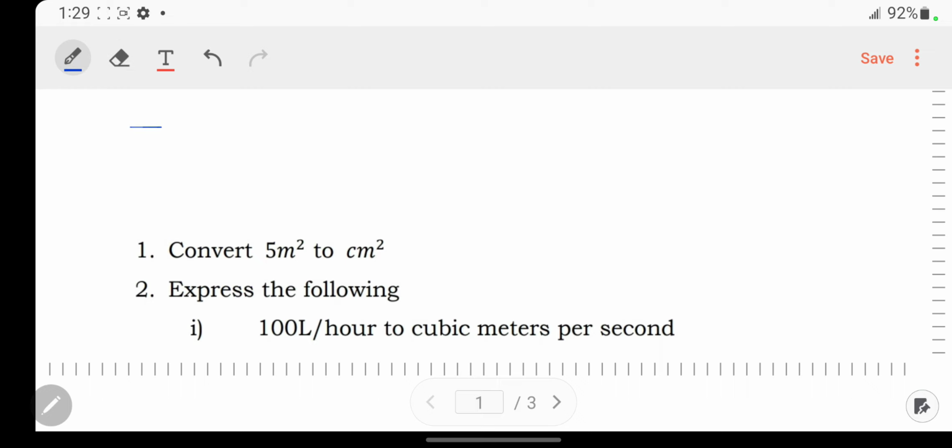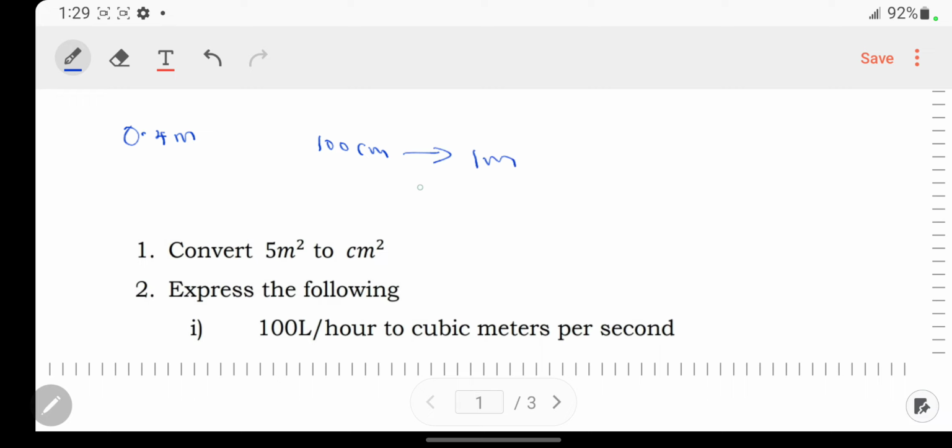Let's say we have been provided with 0.4 meters. Then we wish to convert this into centimeters. So we have standard units of conversion, which is 100 centimeters is equivalent to 1 meter.